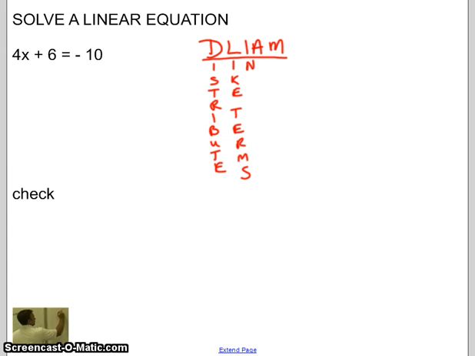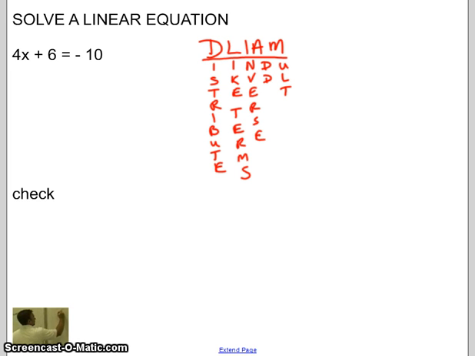We're going to do inverse operations. Okay, and then we're going to add, subtract, multiply, divide. Okay? Alright, so let's do this.